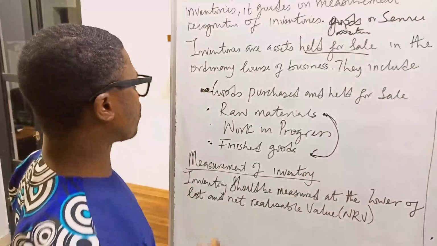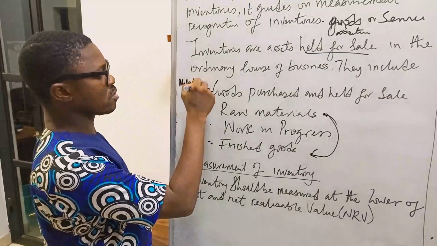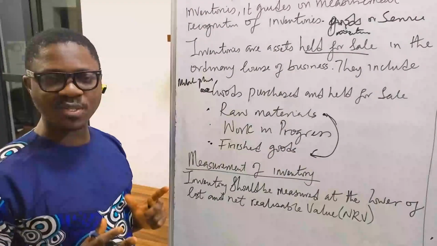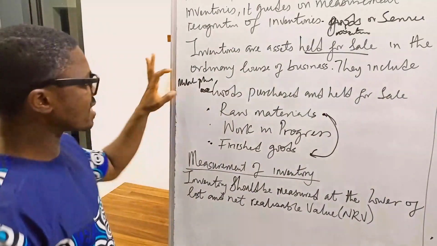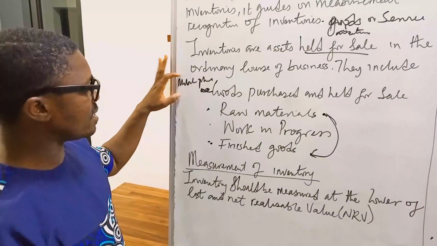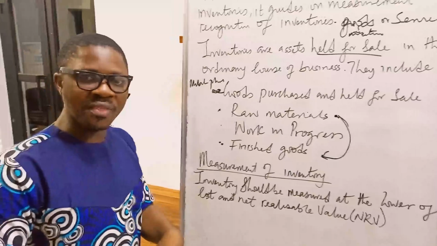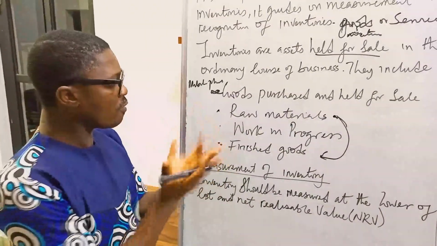A very good example is an individual that bought mobile phones for resale. The idea behind this is not to convert it, is not to add any other kind of value to it. The intention of this individual was to buy and to sell. So the purpose of that is to buy and resell. So that qualifies for inventory.